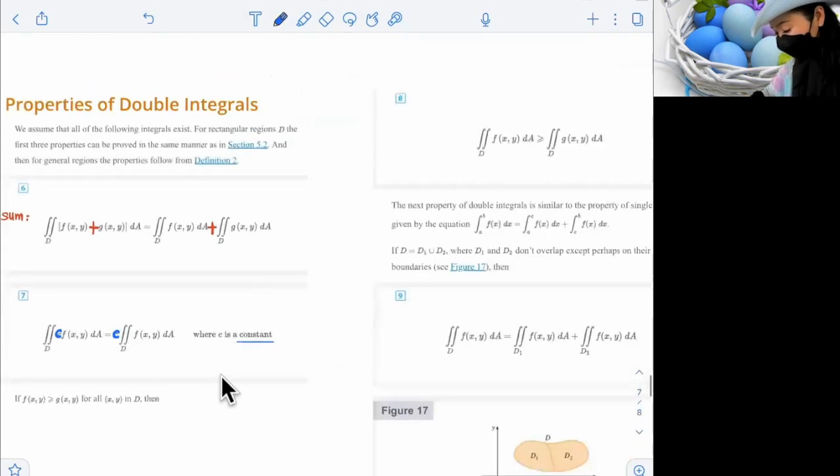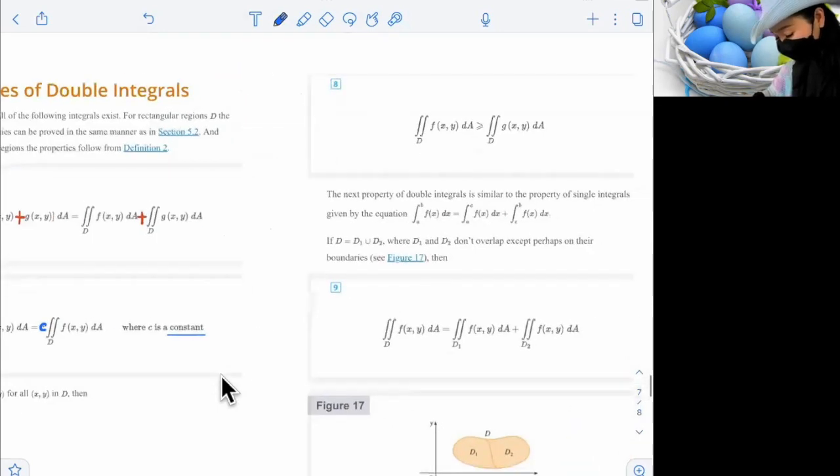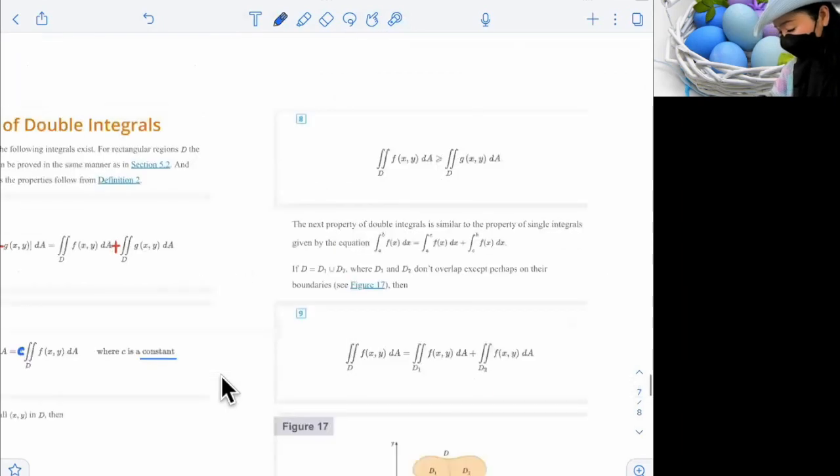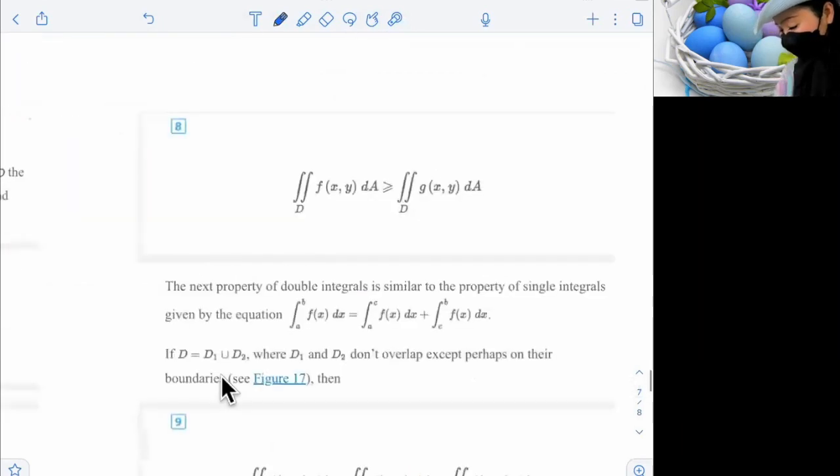Okay, very similar. And the next one over here: if this function f is always greater than or equal to g, then the double integral of f over the region is always greater than or equal to the double integral of g.